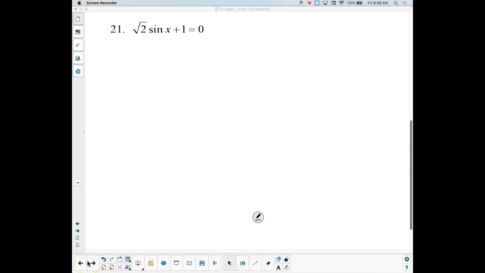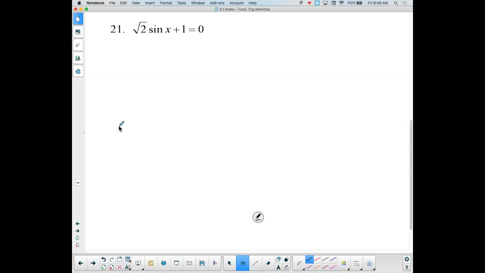First, subtracting 1 gives me square root 2 times the sine of x equals negative 1. Then, some people square, and that's fine. We can do that.